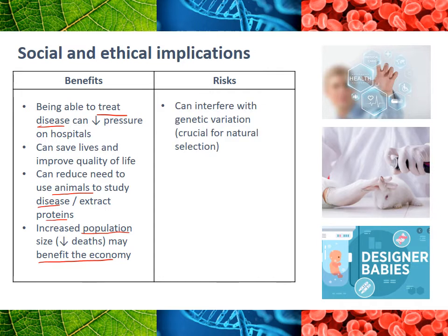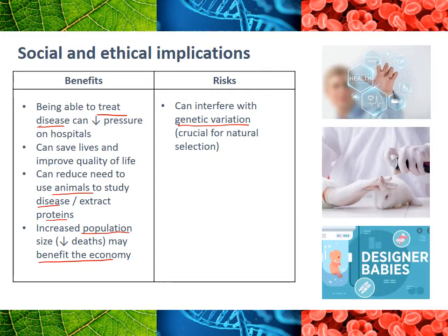Some of the risks here are that anything that involves even selective breeding, but particularly things like genetic modification, is we're starting to interfere with genetic variation. So if we get rid of faulty genes, what we think are faulty genes, and replace them with what we know is a healthy gene, there might be other components of that gene that we're not aware of that are really important.